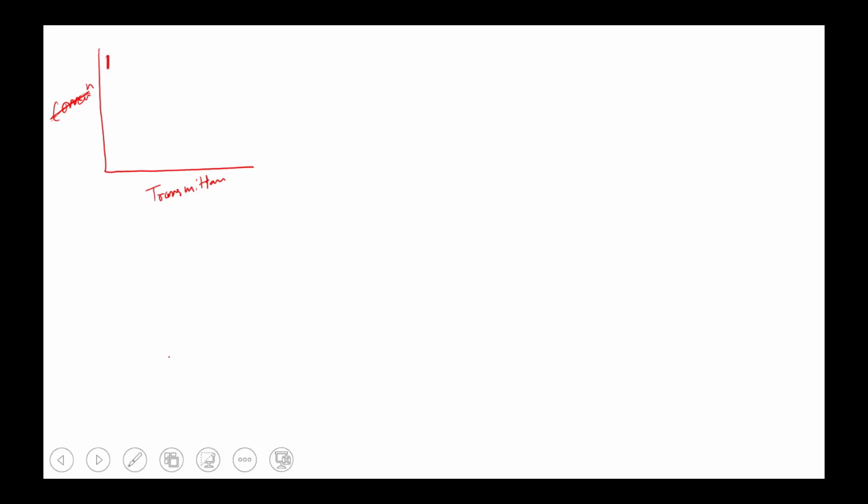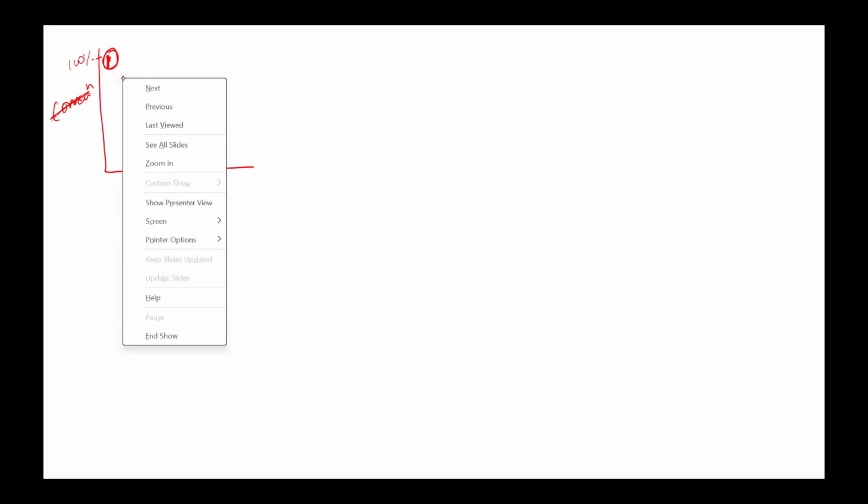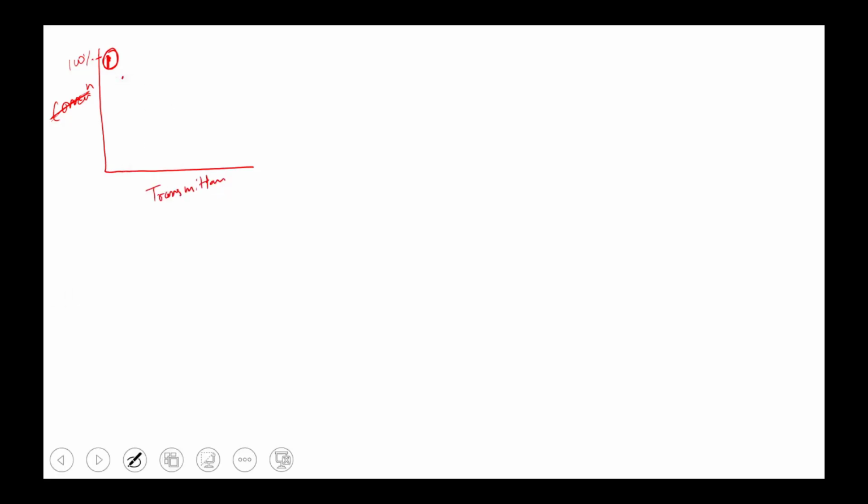Okay, transmittance 100%, nothing is absorbed. If some light is absorbed, the transmittance will decrease, and then if more light is absorbed, transmittance will further decrease, it will keep on decreasing.